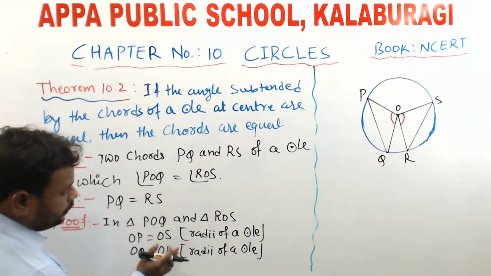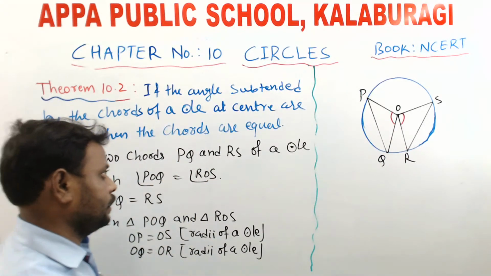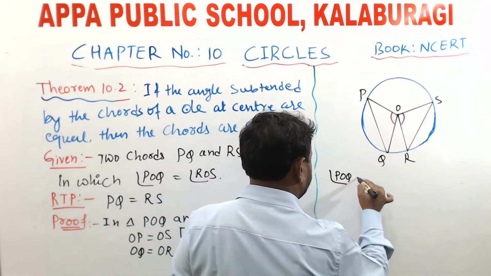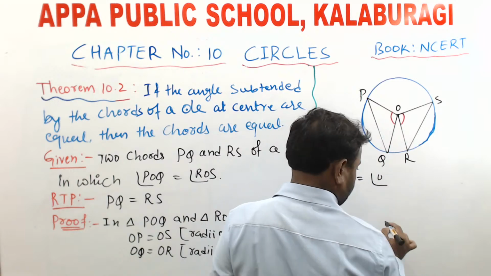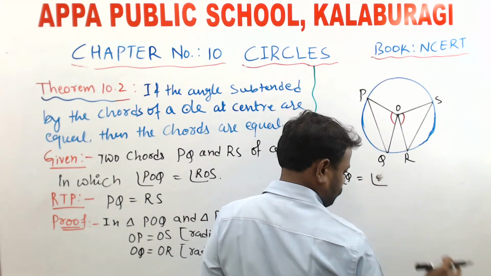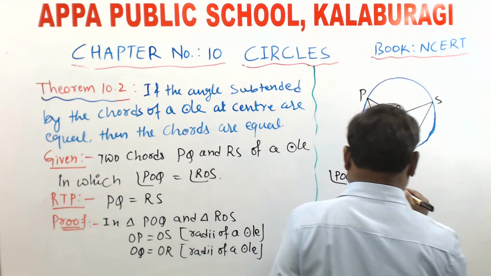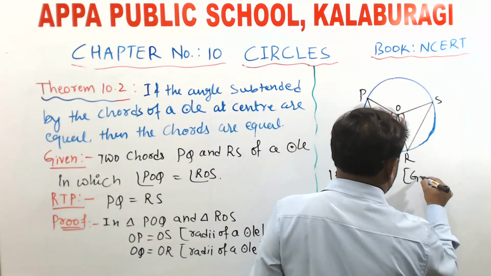The next continuation I am writing here. They have given angle POQ is equal to angle ROS. In the bracket you write given.